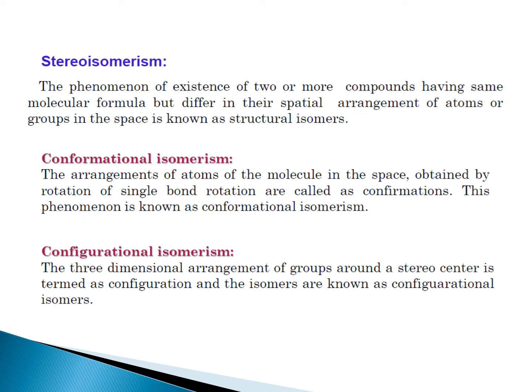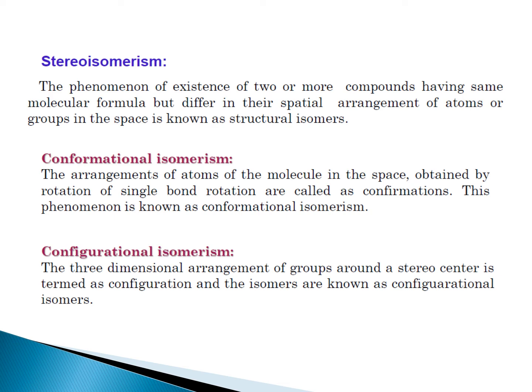Now the stereoisomerism. This structural isomerism I will discuss in detail in the coming lectures. In this lecture, I am discussing each and every topic in brief, because we want to discuss stereochemistry.